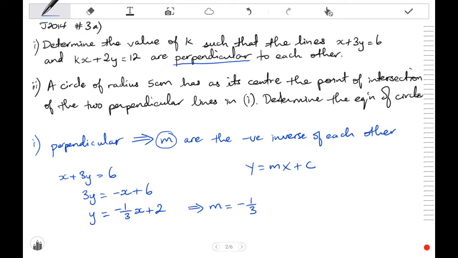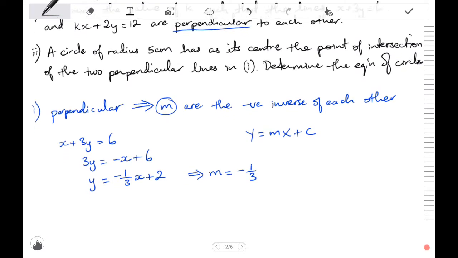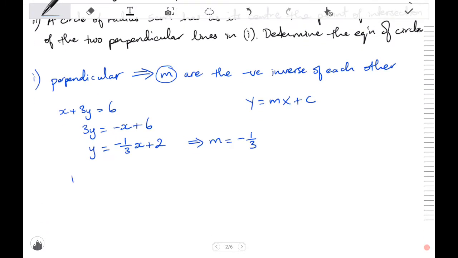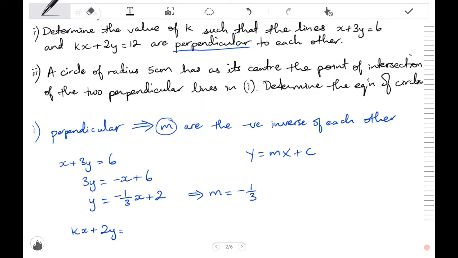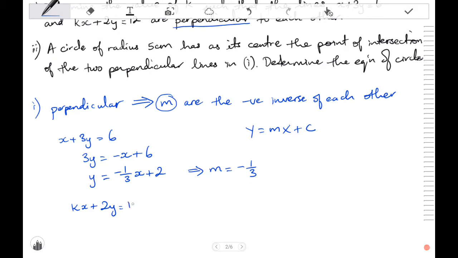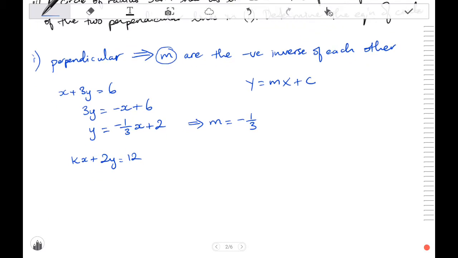Right? So that's the gradient of the first line, x plus 3y equals 6. Now the second line, kx plus 2y equals 12. I want to identify the gradient, so we have to identify the gradient in terms of k.